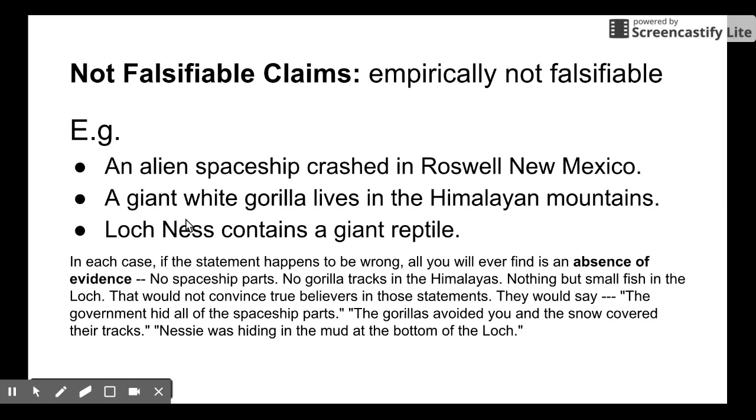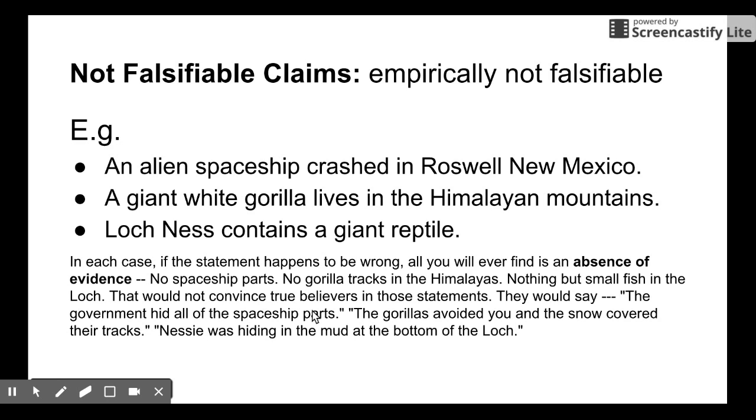But the absence of evidence cannot really falsify this claim, because there's always another explanation for the absence of evidence. For example, someone can easily say that the reason you cannot find the evidence is that someone just hid the parts of the spaceship.